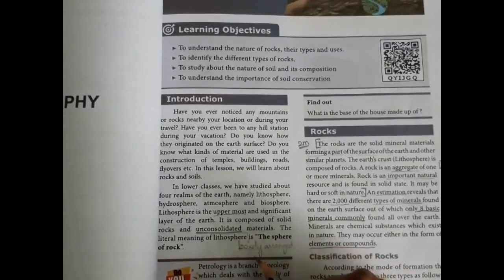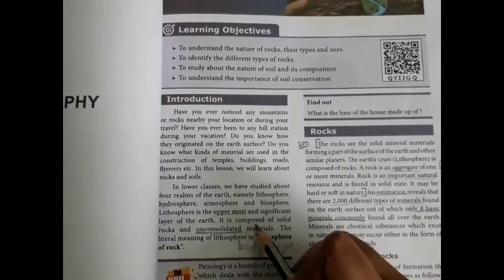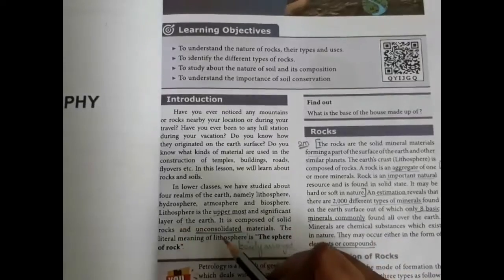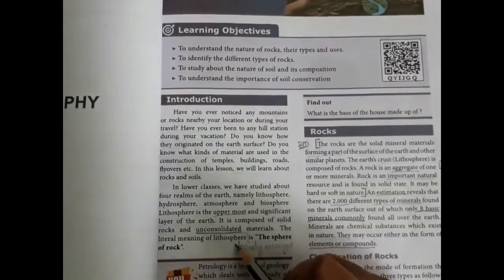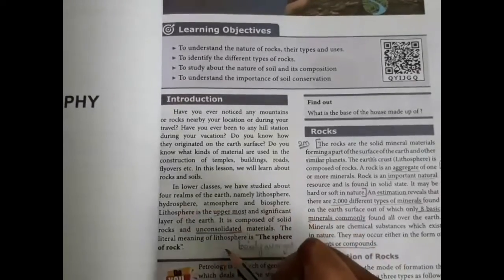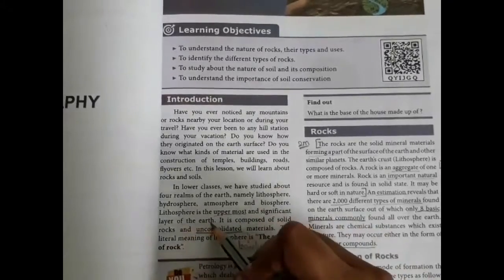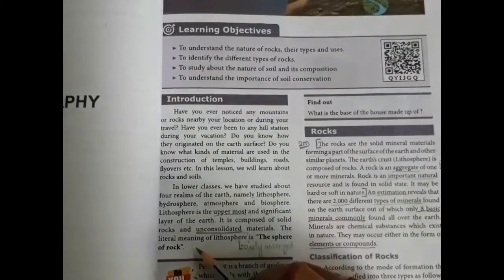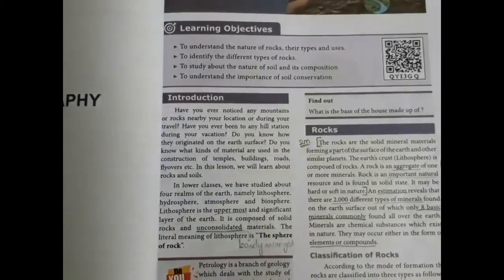Lithosphere is composed of solid rocks and unconsolidated materials. The literal meaning of lithosphere is the sphere of rock.